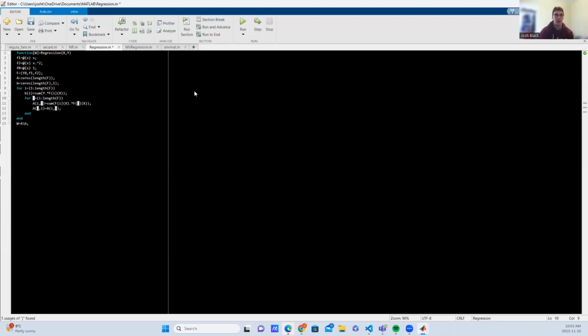Now we're iterating over the columns. So for J equal to I, we start at I, because remember, we only want to propagate that upper triangle. So when we go down one row, we also hop over one column.